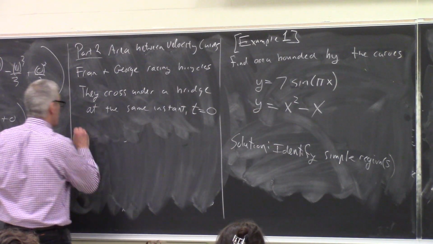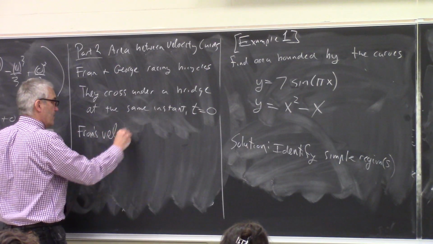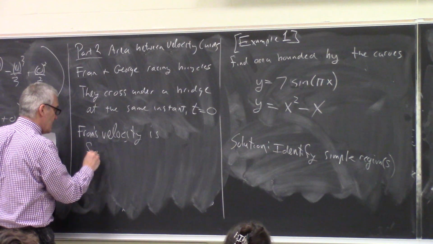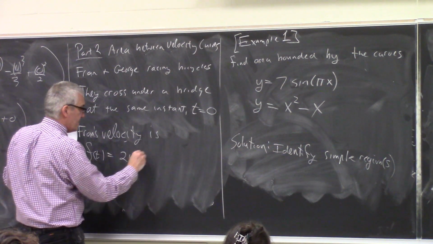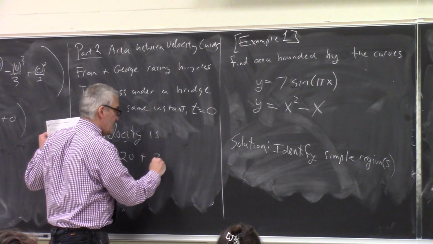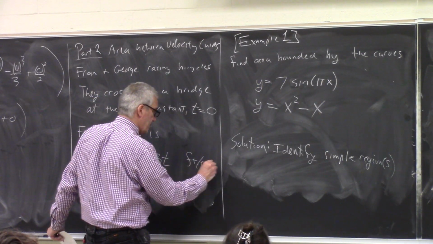Fran's velocity is f of t equals 20 plus 3t feet per second.